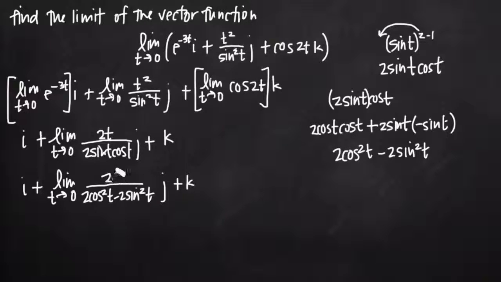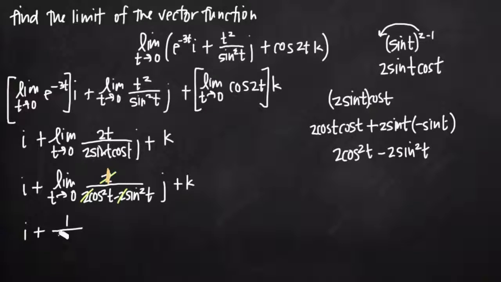Now, as you can see, we can get our 2's to cancel because we've got a 2 on each term. Now we just have to evaluate the limit as t goes to 0. Remember, we can think of the numerator now as 1, so we get 1 in the numerator. In the denominator, when we plug in 0 for cosine squared of 0, cosine of 0 is just 1.